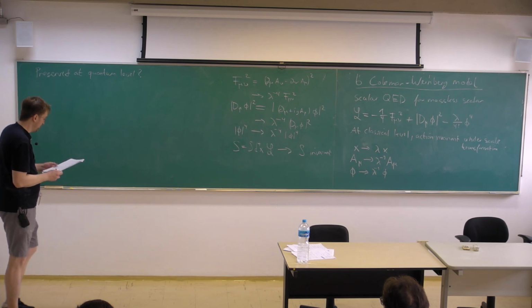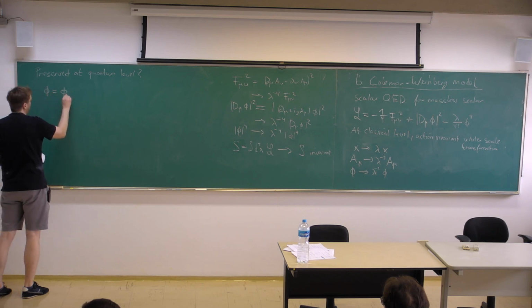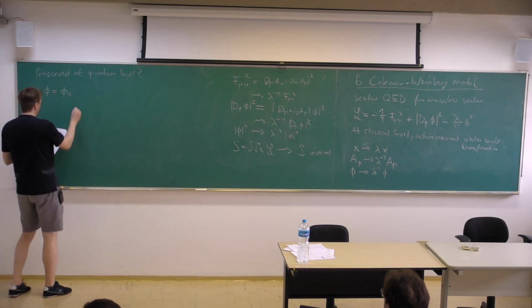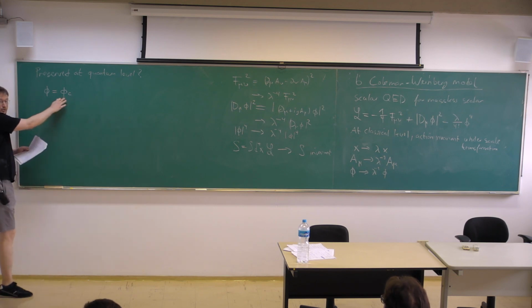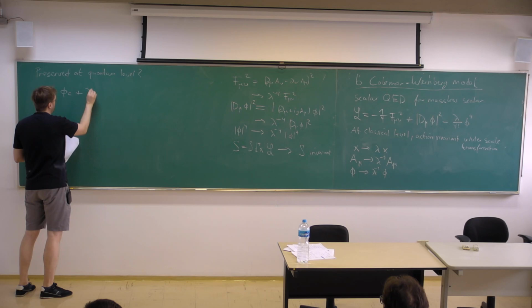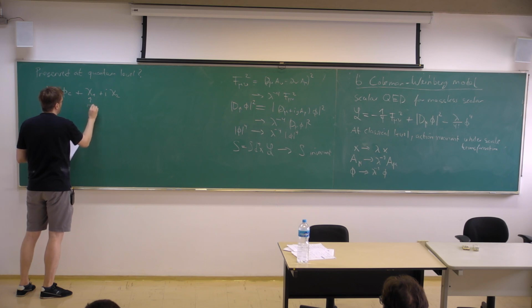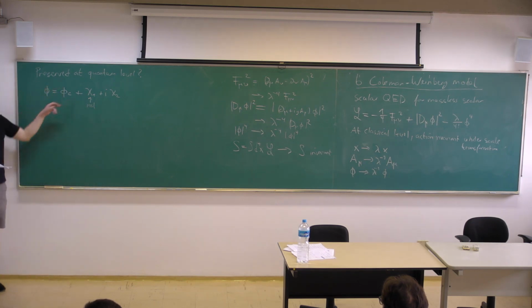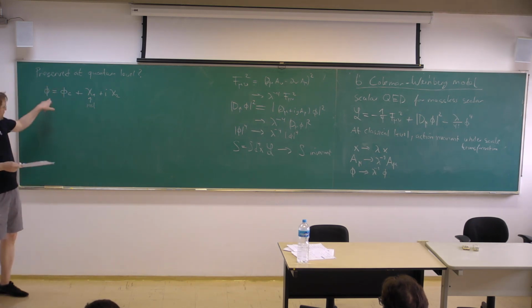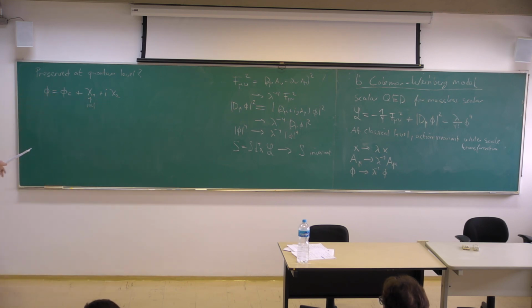So I will expand my scalar field around some vacuum expectation value, some background value, and I will introduce two real scalar fields, chi1 and chi2, which are just fluctuations around this. Phi is a complex field, right? So I need two real degrees of freedom to account for the possible fluctuations.